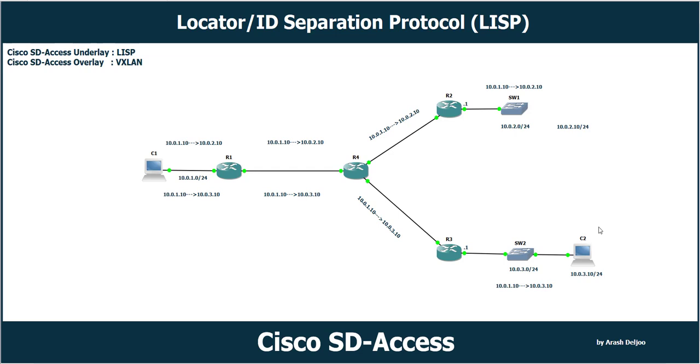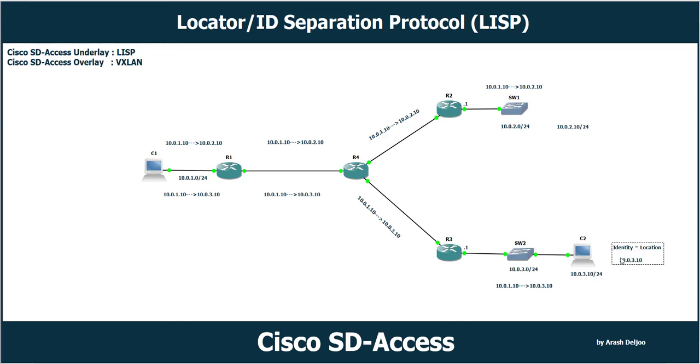Why? In traditional forwarding, the location and the identifier of a computer are the same. What does it mean? Look here. Assume the IP address of computer 2 is 10.0.3.10.